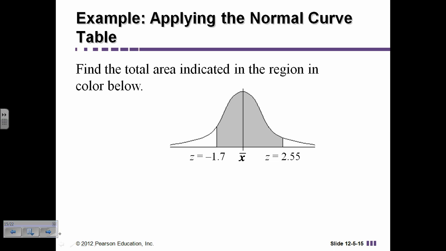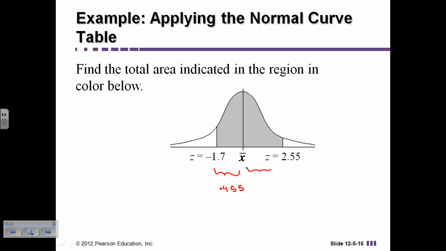So what if I had this example and I wanted to find the total area indicated by the region? So I actually have two values I have to calculate here. I have to look at the 1.7 z-score, and if I look at my chart under 1.7, I'm going to get 0.455.